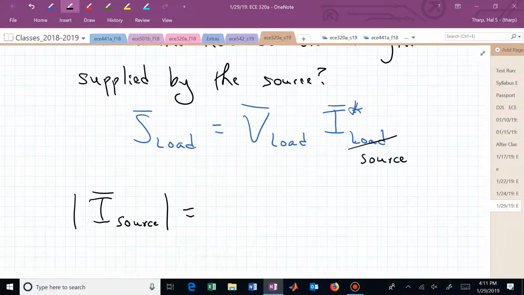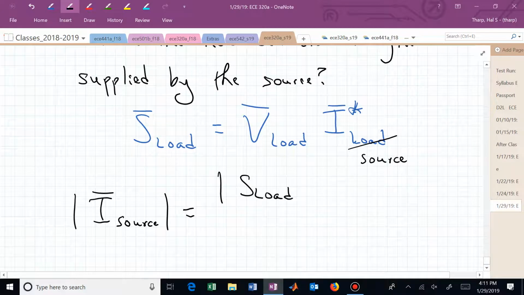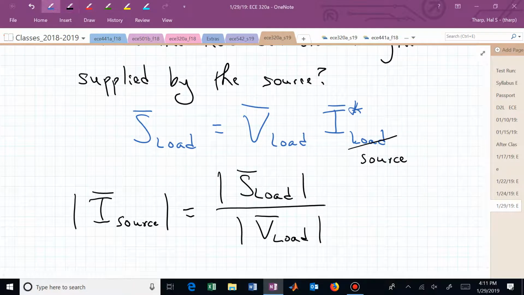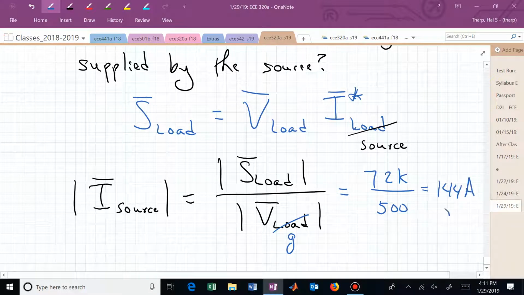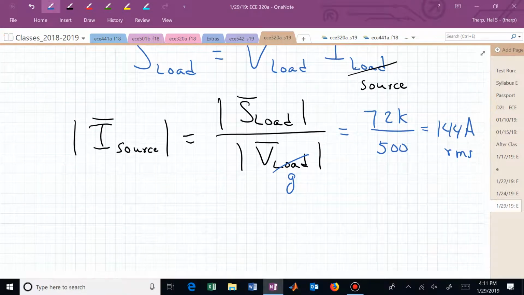This is now the apparent power of our load divided by the magnitude of our load voltage, which again, that's just V sub G. Or this is 72k, that's the magnitude of this complex number that only has a real component of 72, divided by 500, and this now becomes 144 amps RMS. Do you remember what it was without the capacitor?